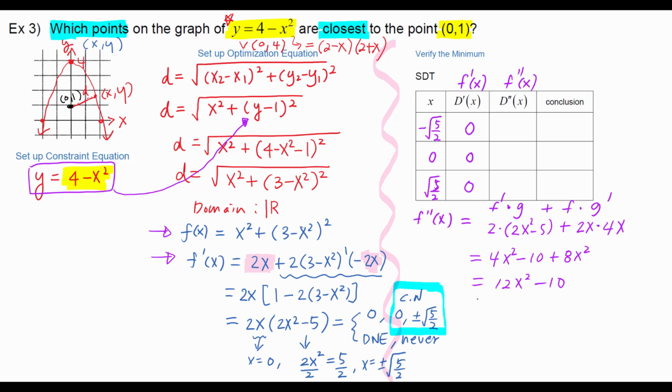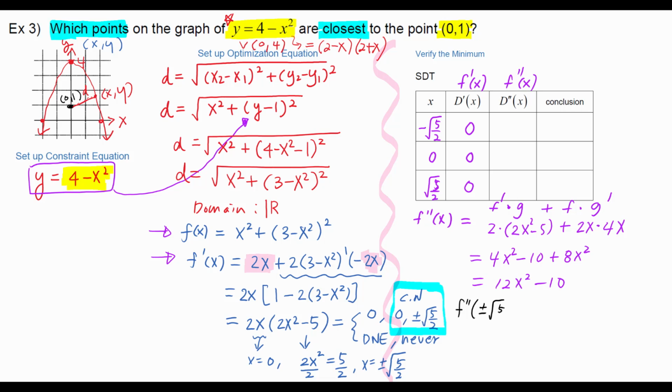So let's test signs for each of my critical numbers. Notice that my f double prime is 12x squared minus 10. So whether I plug in negative radical 5 over 2 or positive radical 5 over 2, I'm going to get the same number as f double prime of those. So let me just test that for 2 of them at the same time.